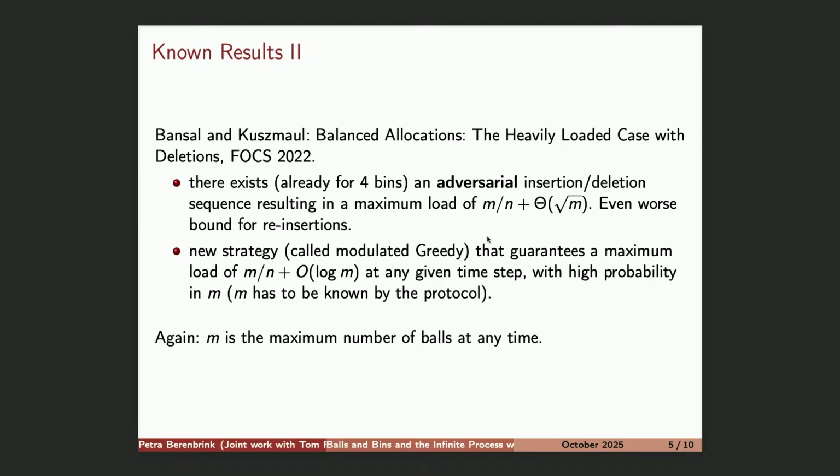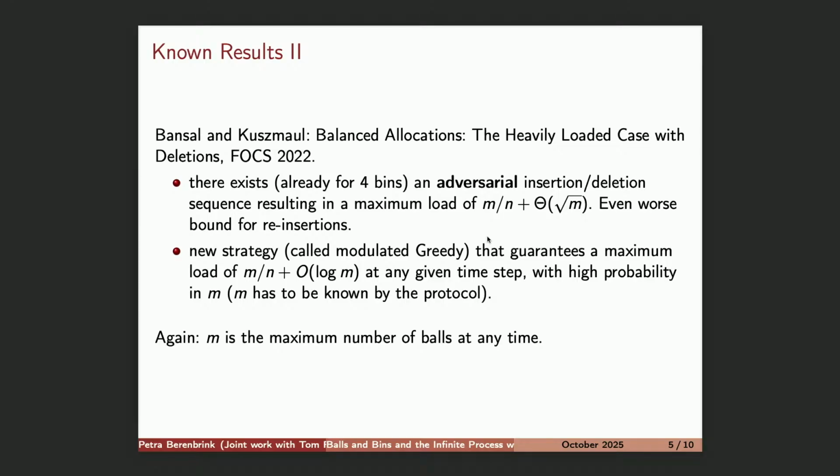And the lower bound was even valid for 4 bins only. They also looked at another strategy, which they called modulated greedy, and that strategy has to know the maximum number of balls in the system ever, and then it's a nice allocation scheme, but they do need global knowledge, and then they get a bound of m over n plus order of log n for adversarial insertions.